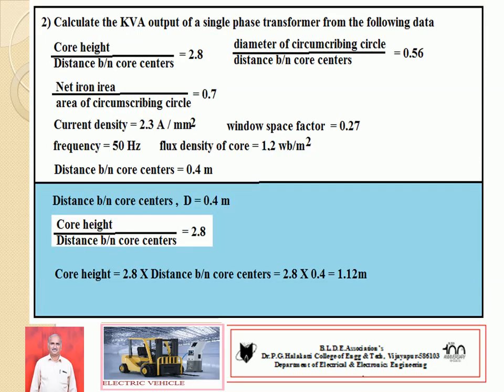Second problem: calculate the kVA output of a single phase transformer from the following data. Some ratios are given, then current density equal to 2.3 amperes per millimeter square is given, window space factor is given, frequency is given, flux density is given, and distance between core centers is given.